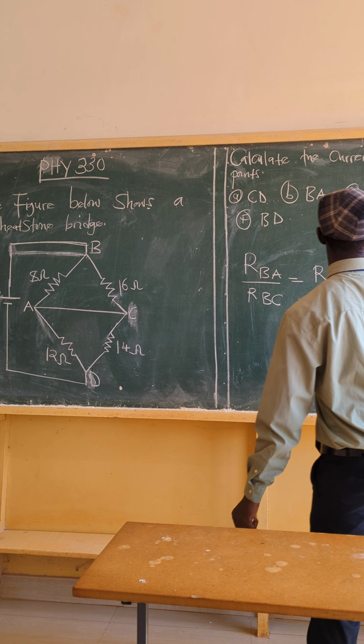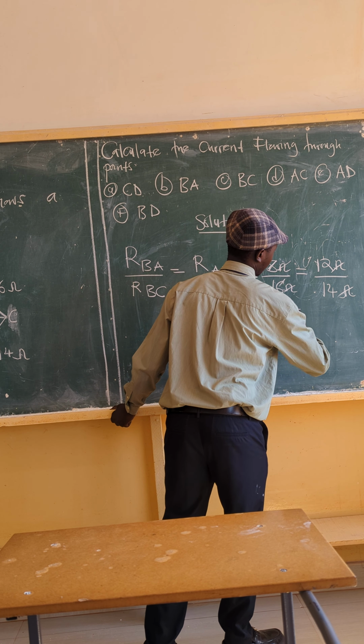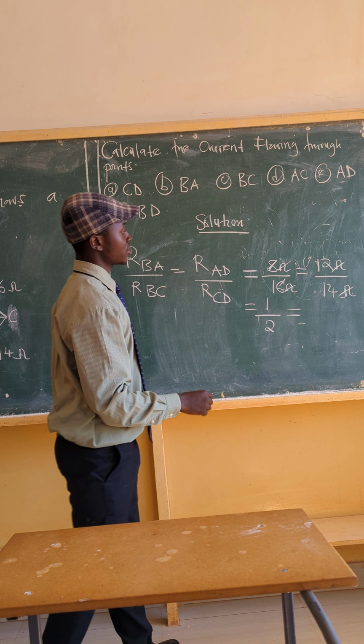Now, in this case, we can cancel the ohms there and there. Then try to compare. 8 can go into 16 how many times? It's 2 times, so this becomes 1 over 2. Then we come to this side as well and try to reduce.